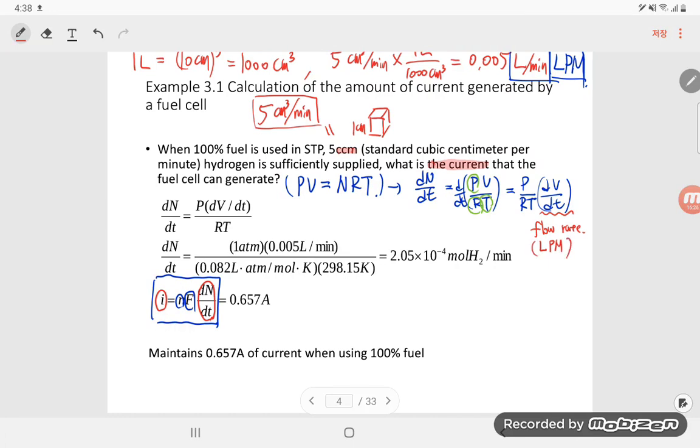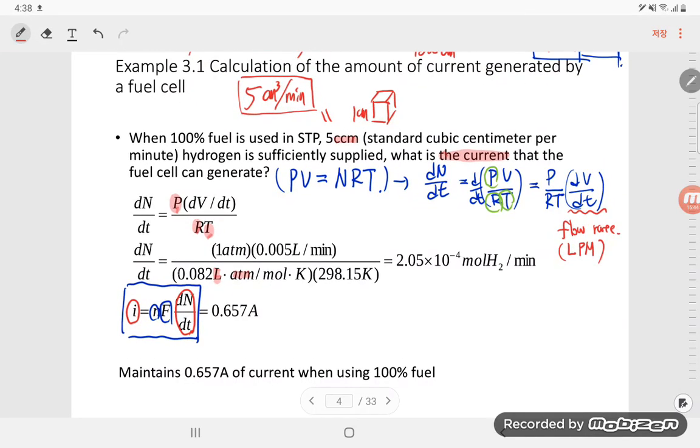And if you want to get this, then you can insert each value here, P, R, T, in the liter unit and atm. We can use the gas constant as 0.082, and the pressure is 1 atm, and this is the flow rate, and the temperature is room temperature.